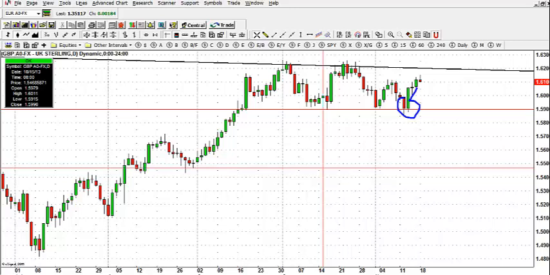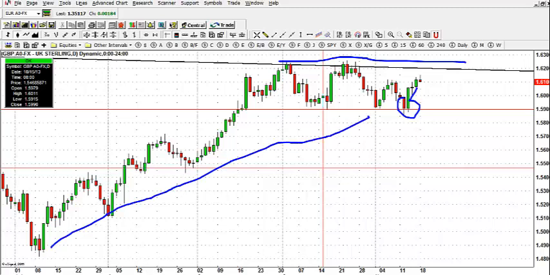So what we're looking for is to see if the market has enough energy to make a daily close above 162.50. That would indicate to me that this market would continue this upward pulse. And if we do close below 159, a daily close, remember, always look for closes below the support level.